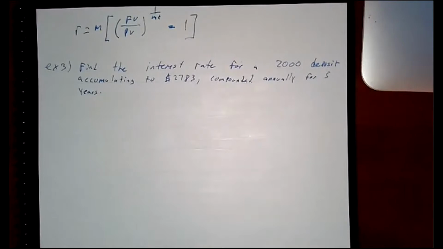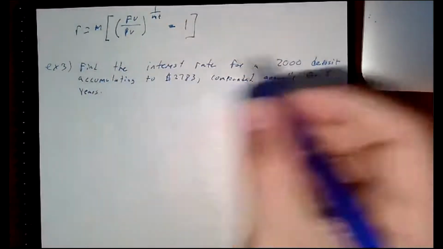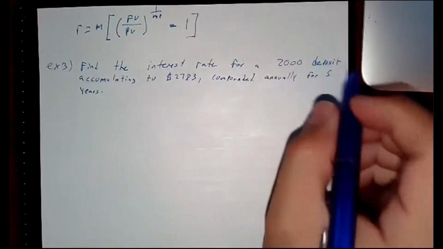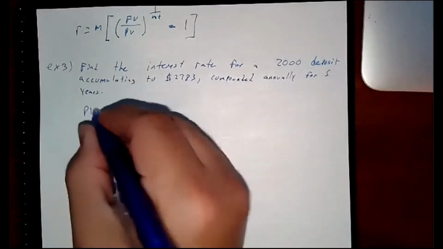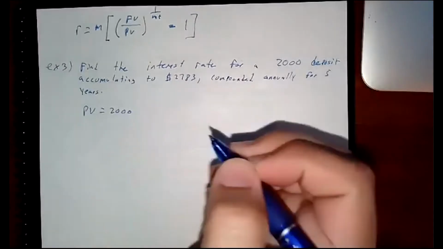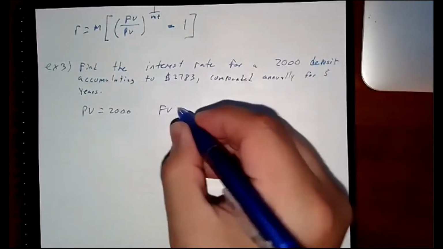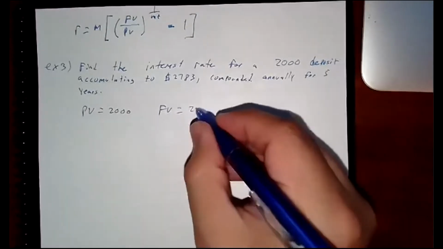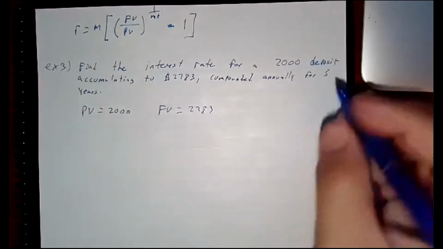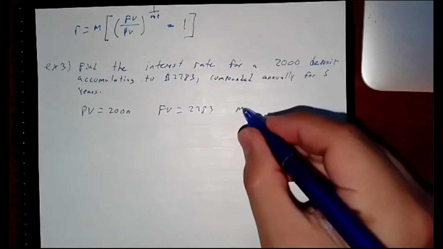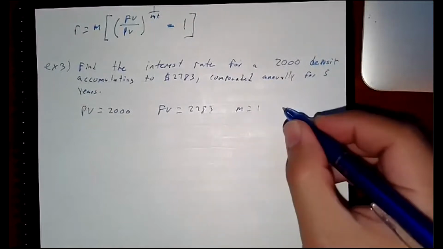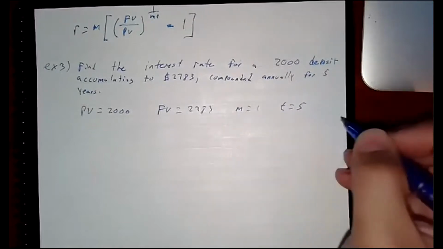Okay, so they want the rate. So let's write down everything that we know. So we started with a present value of 2,000, right? So that's P or PV. It accumulated up to 2783, so that's the future amount. Compounded annually, so M is 1. Years time is 5.